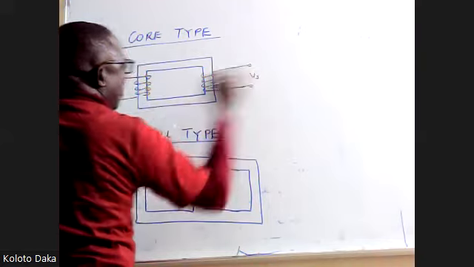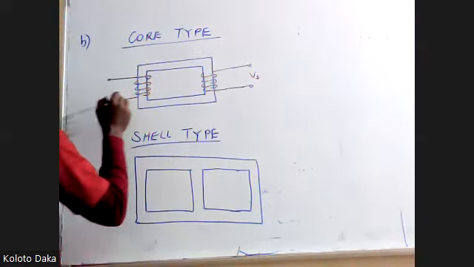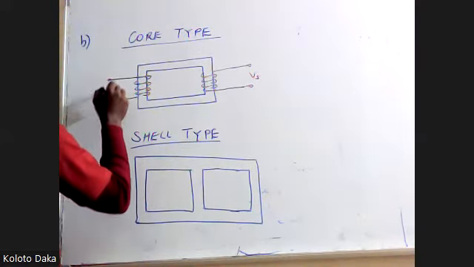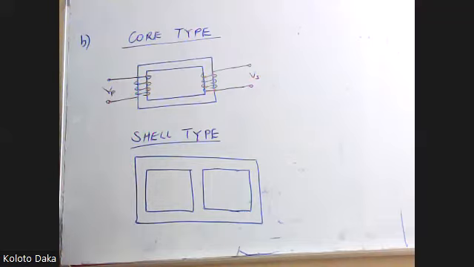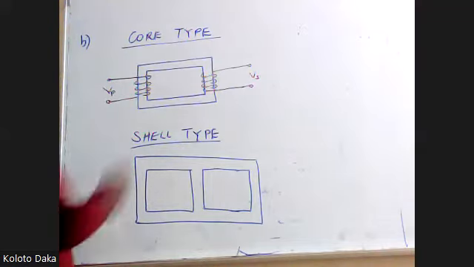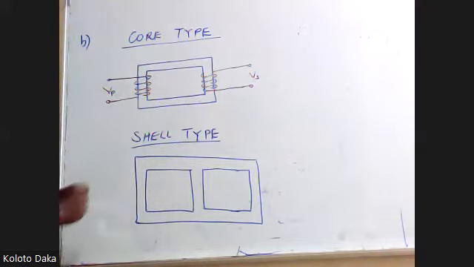This is our V secondary. This is our V primary. That's the core type.